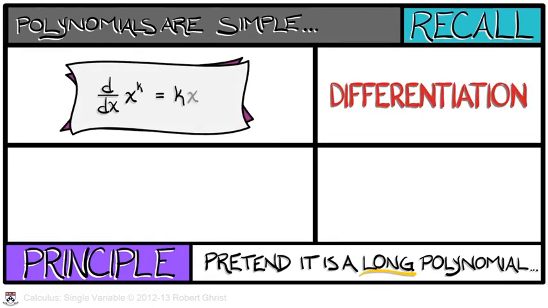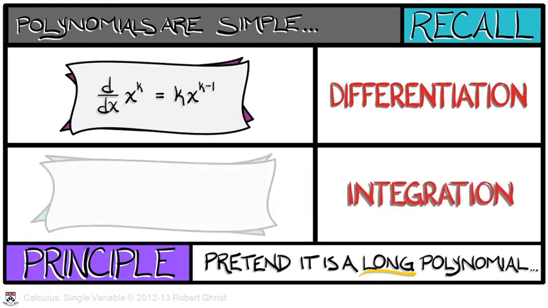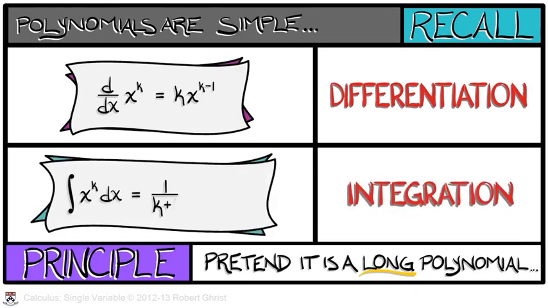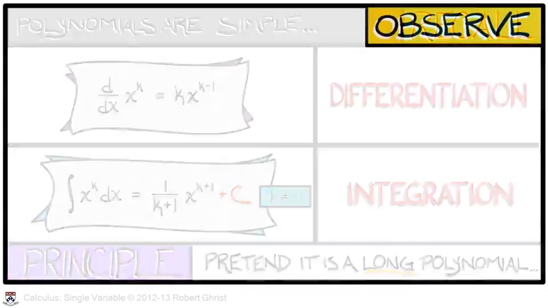Recall that when it comes to differentiation, the derivative of x to the k is k times x to the k minus 1. Likewise, the integral of x to the k is x to the k plus 1 over k plus 1. Don't forget the arbitrary constant, and don't forget that something unusual happens when k is equal to -1. Both of these properties should be familiar from your previous exposure to calculus.